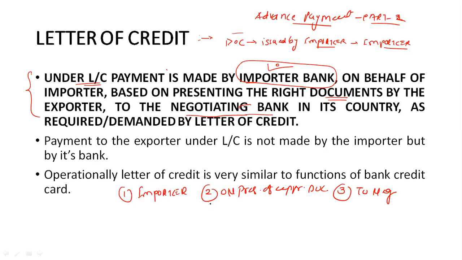These are the 3 basic conditions included in the letter of credit, as required and demanded by the LC. Payment to the exporter under an LC is not made by the importer, but clearly by its bank. Operationally, an LC is very similar to the functions of bank credit.